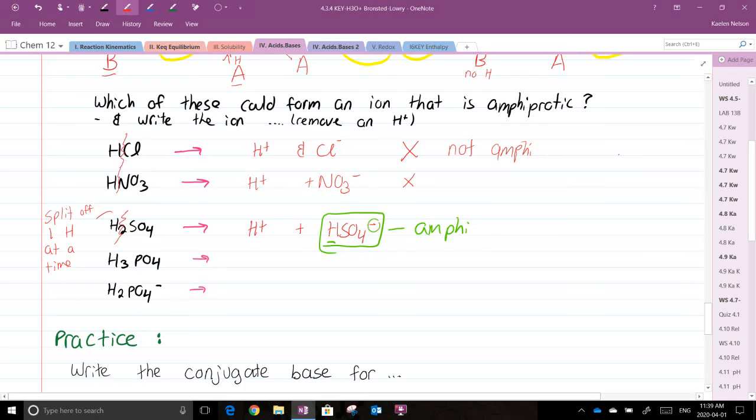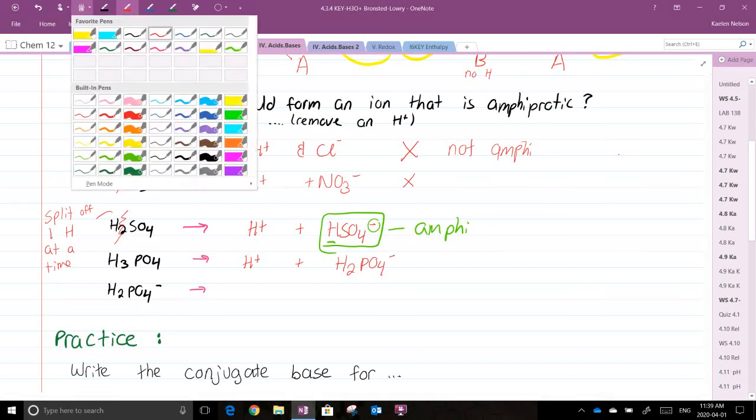Same with H3PO4. Again, I can only split off one H, so I'm going to take away one. So this will be H plus and H2PO4 minus. There's my H. Here's the rest of my ion, H2PO4 minus.